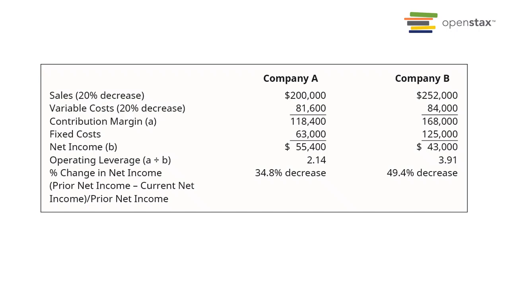Their decrease, a 20% decrease in sales, meant a 49.4% decrease in their net income. This is the downside of having those higher fixed costs. It's fine when things are going well, but it really does create challenges when things start to turn and the economy is in a downturn.